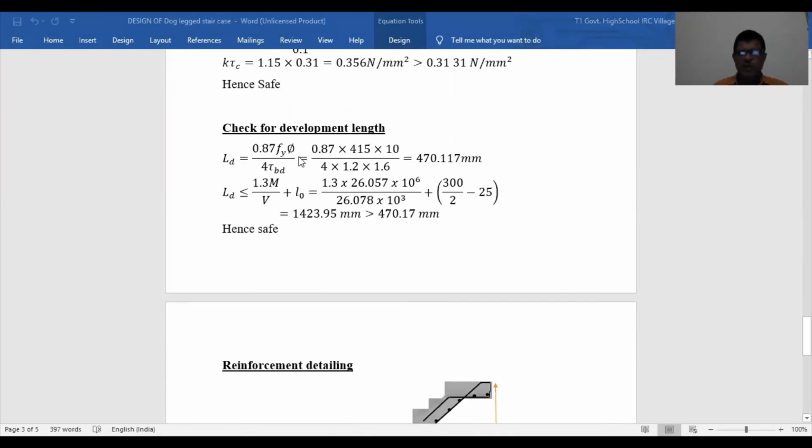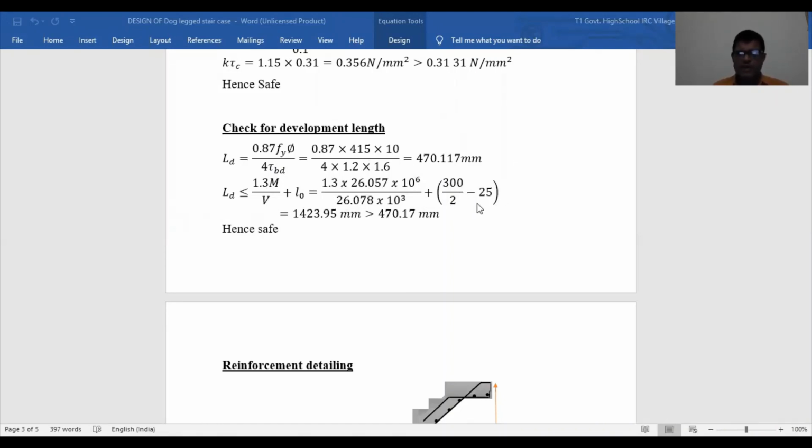Once you check the shear, you can also check for development length. Then Ld is equal to 0.87 fy phi by 4 tau bd. In a similar way, there is a 60% increase for these torque steels, and you find out the total moment you have already obtained and the shear force you know, plus L0. L0 is equal to half of the support minus the cover. The width of support you may take 300 millimeter, as the slab enters inside the wall.